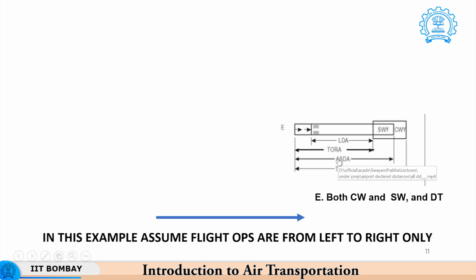For accelerated stop distance or ASDA, from the starting of the runway to the point where the stopway ends, we can have the accelerated stop distance, because the stopway can take the load due to the aircraft's ground deceleration. And the TODA, or the takeoff distance available, will be the TORA plus the clearway. One more thing I have observed, I will talk about it later when we come to that point.